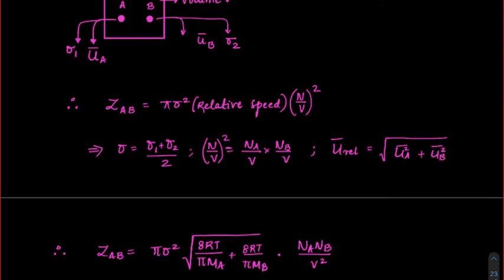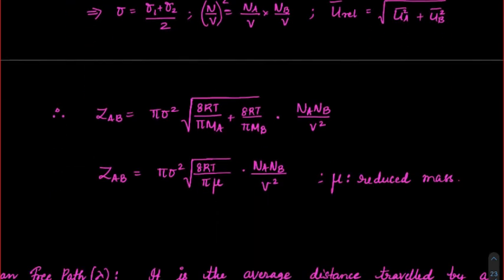So if I substitute all of those values here, ua square I can write as 8RT by pi Ma, ub square I can write as 8RT by pi Mb, and take everything common. I'll get 8RT into 1 by mu, where I define 1 by mu as 1 by Ma plus 1 by Mb.